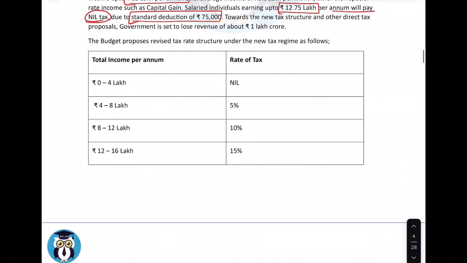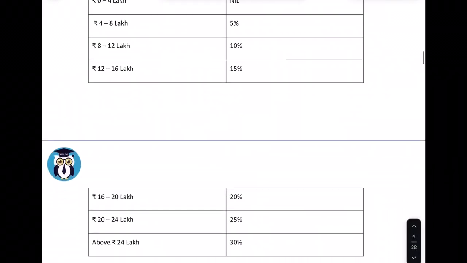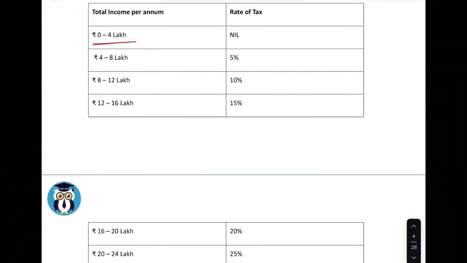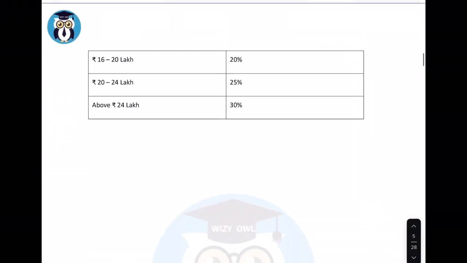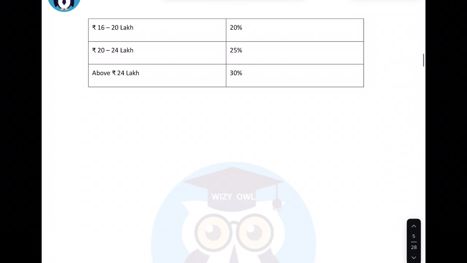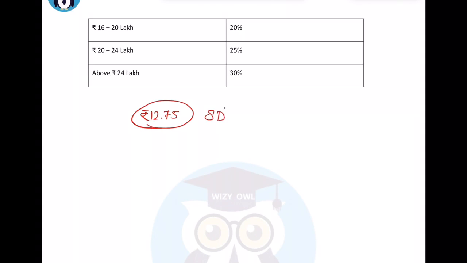And this is the new taxation slab: 0 to 4 lakh, nil; 4 to 8, 5%; 8 to 12, 10%; 12 to 16, 15%, and similarly. But what is important to understand is that up to 12.75 with standard deduction, you have to pay nil tax.